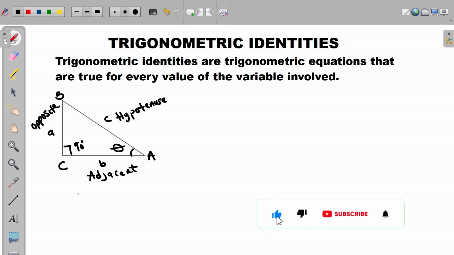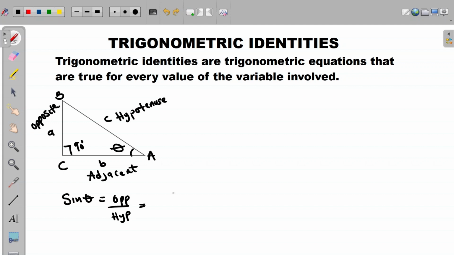So having defined our opposite, adjacent, and hypotenuse sides, we can derive our trigonometric ratios. So we know that sine theta is equal to opposite divided by hypotenuse.